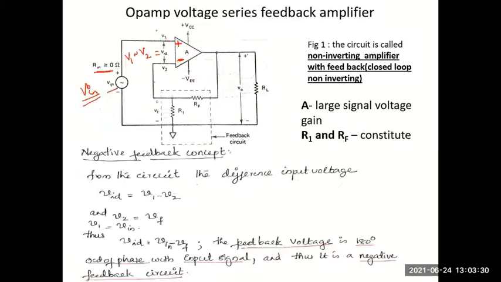If I assume V1 is the input given to the non-inverting terminal, that should always be represented with a positive, higher value, minus the voltage given to the inverting terminal. This is your VID or VD. And there is a load resistance as you can see. A represents the large signal voltage gain, which is nothing but the open loop voltage gain.